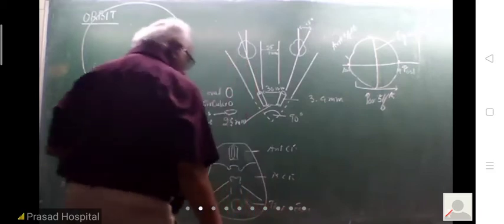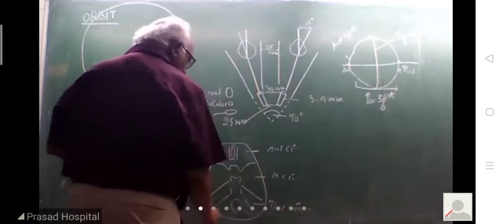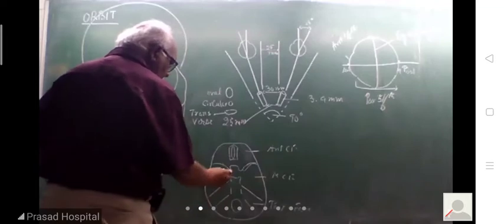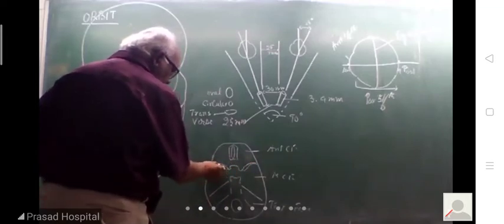This portion is the lesser wing of the sphenoid, and we have a fissure called the superior orbital fissure between the lesser wing and the greater wing of the sphenoid.